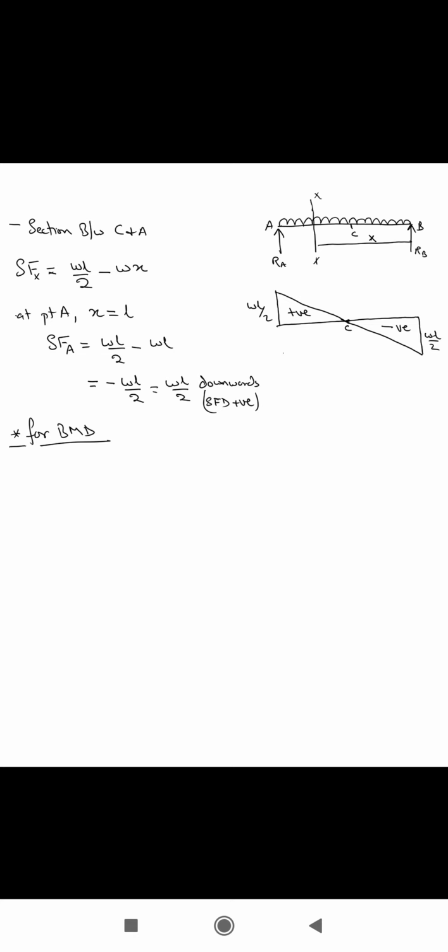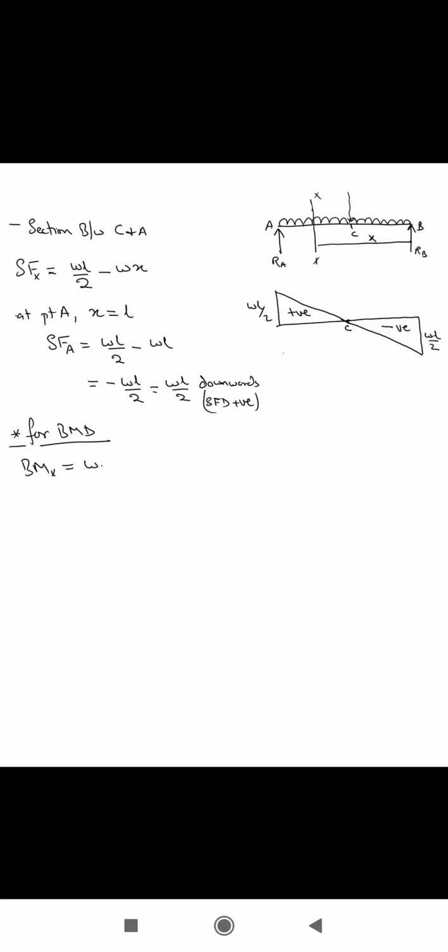For BMD we'll take this X. So BM at X, right? So BM at X is equal to how much? See, we have a force which is acting at half over here, right?